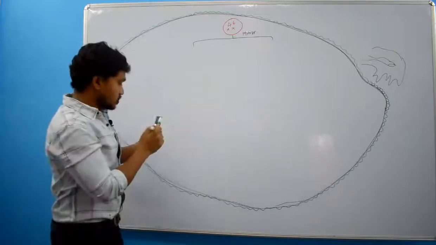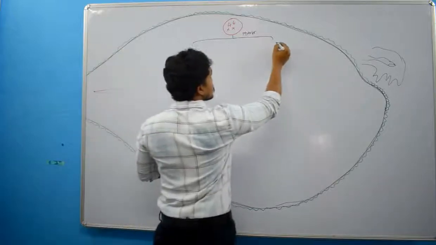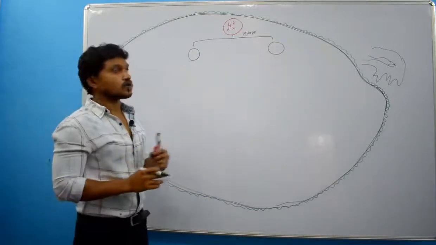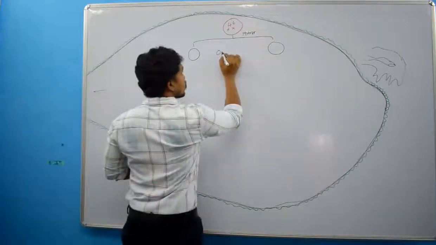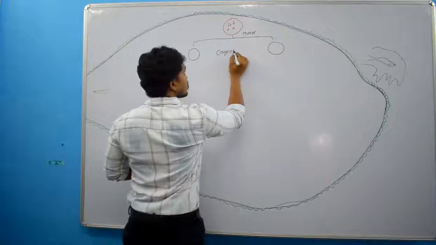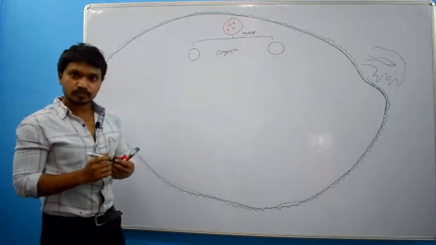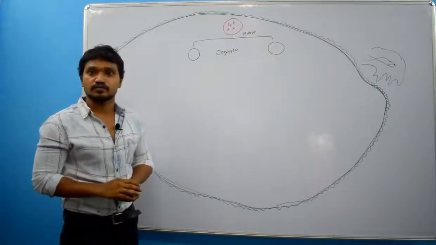And produces oogonia. Means primordial cells undergo mitotic division and produce oogonia. These oogonia will not undergo any division actually.